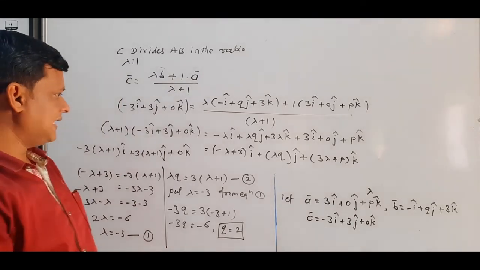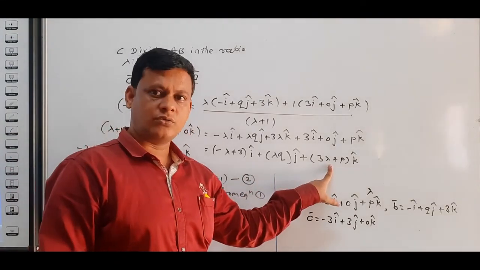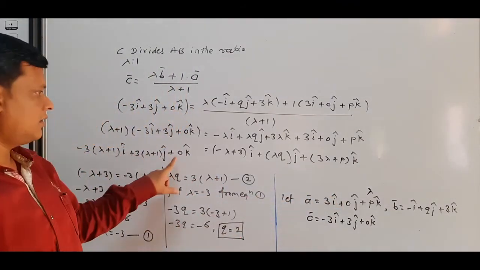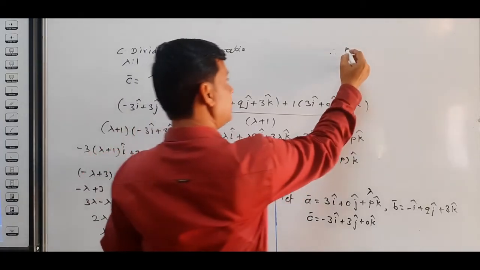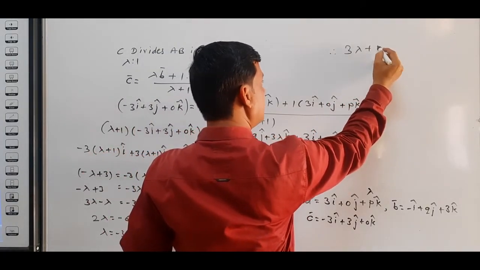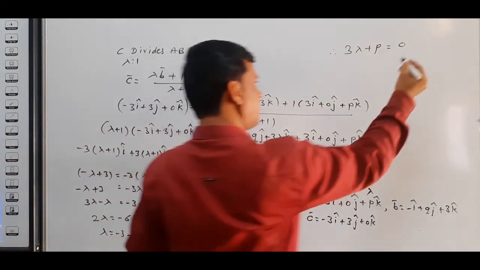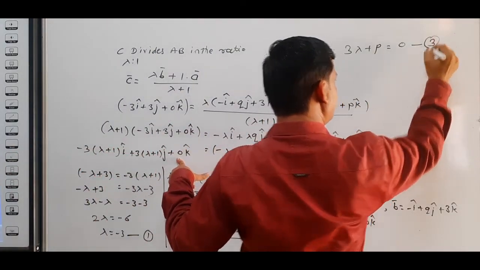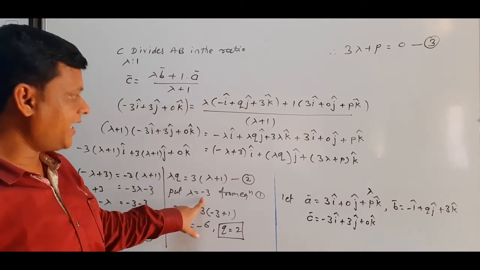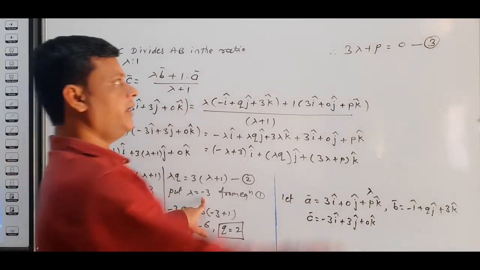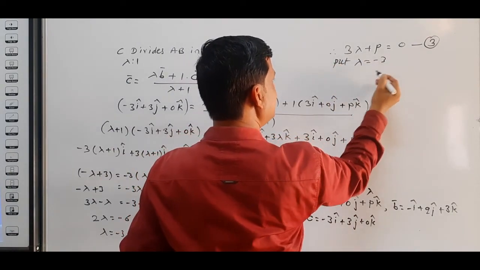Now see the last term, here 3 lambda + p we equate with 0. So we can write 3 lambda + p equals 0. We denote this as equation number 3. Substitute lambda equals -3 in equation 3.